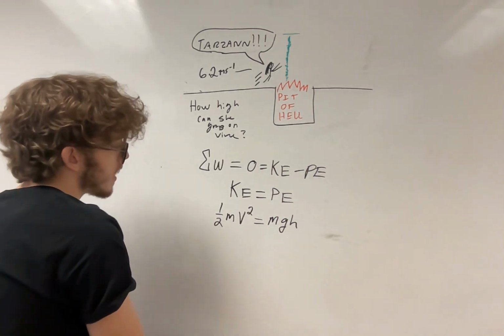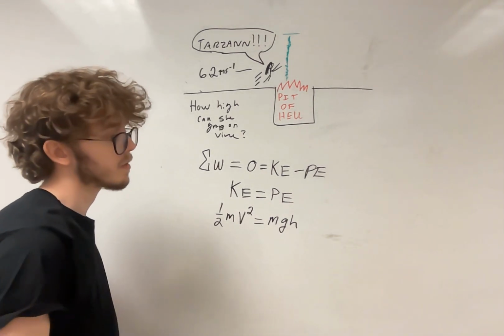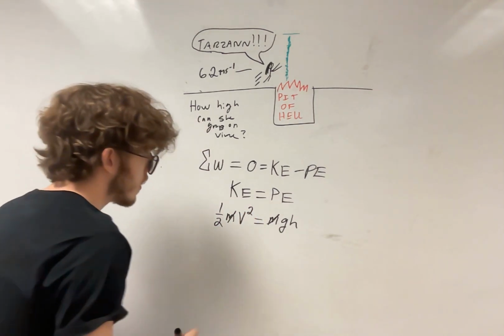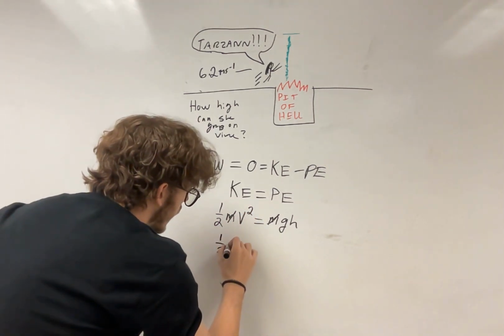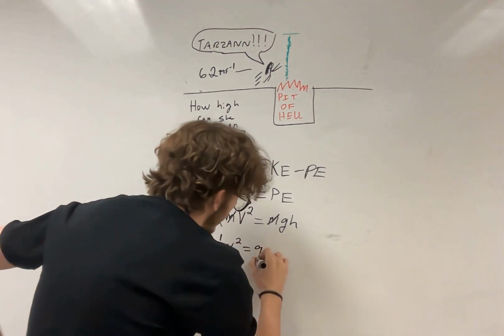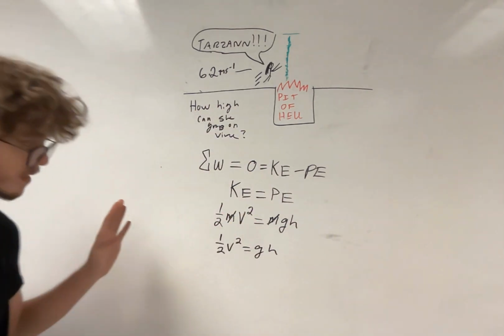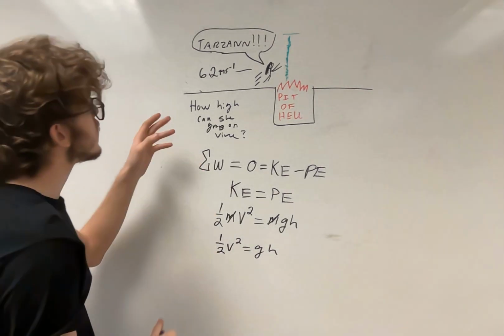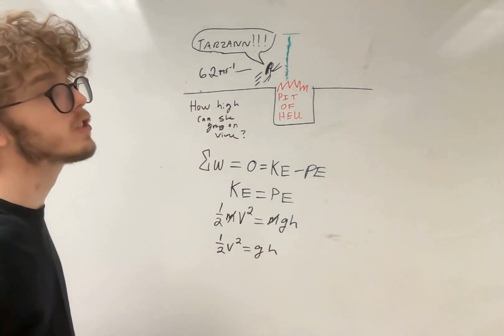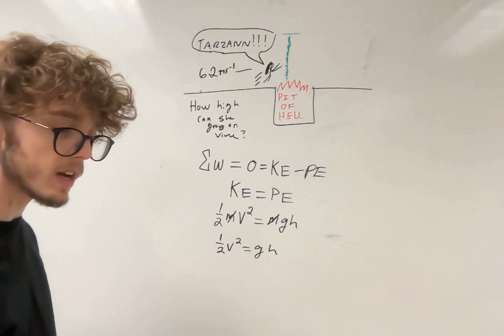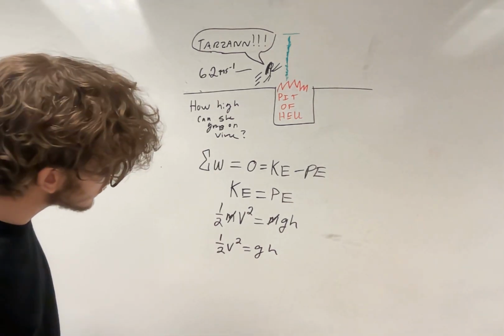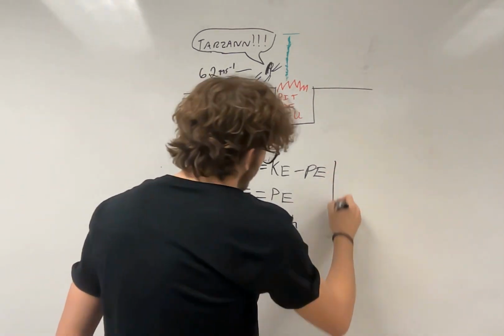Because we have a mass equal to a mass, we can just drop it out of the equation. So it's really like saying 1/2 velocity squared equals gravity times height. And this is where that part of the question comes in handy. It's not dependent on the mass. If she was really fat, if she was 500 kilograms and she grabbed onto that vine, it would not matter, right?